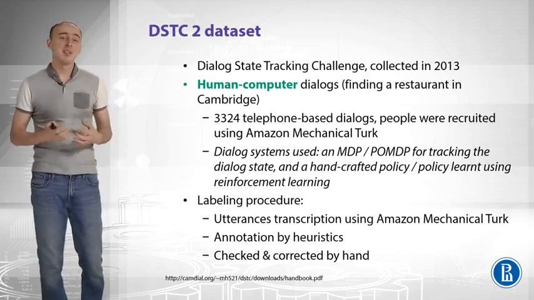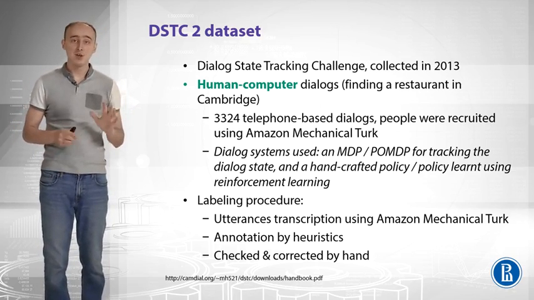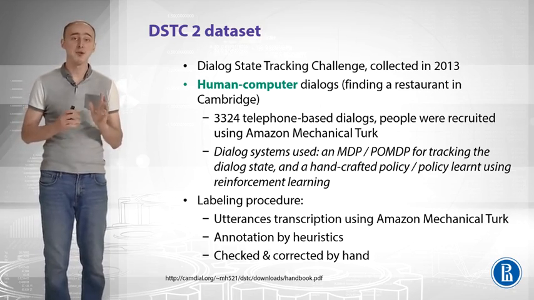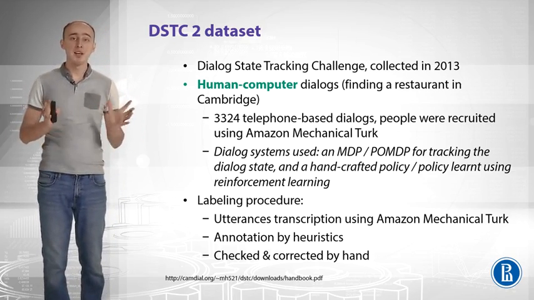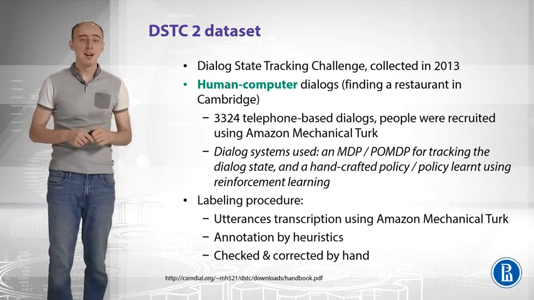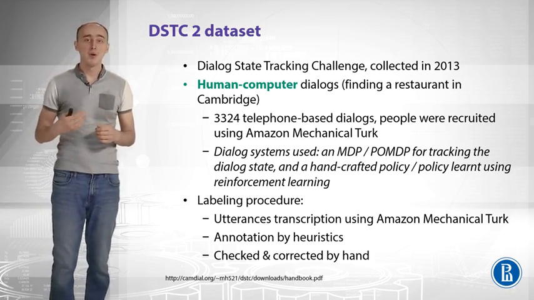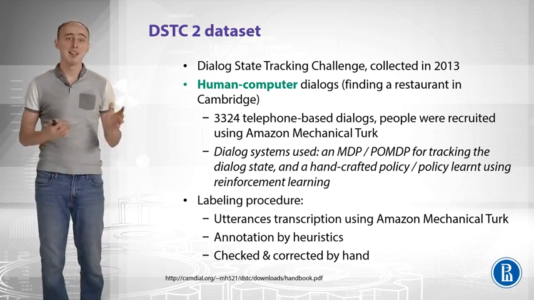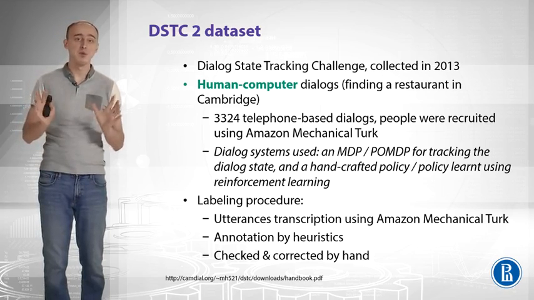For that we will need to introduce the DSTC2 dataset. It is the Dialog State Tracking Challenge. It was collected in 2013. It is human-computer dialogues about finding a restaurant in Cambridge. It contains 3,000 telephone-based dialogues, and people were recruited for this using Amazon Mechanical Turk. So this collection didn't assume that we need experts in the field.